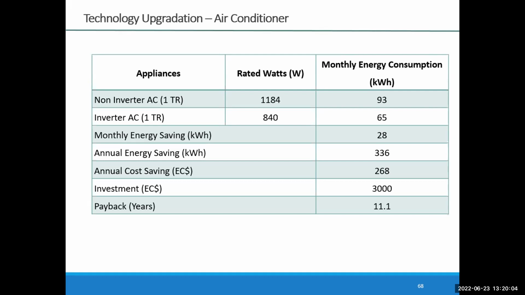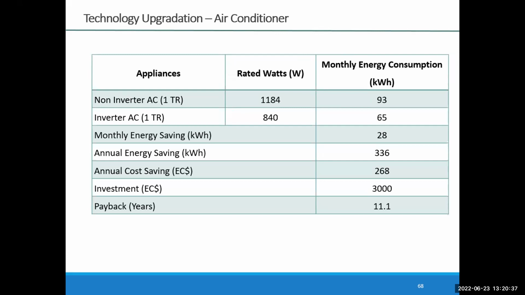So this 11.1 years is a very high payback period. That is, since you are utilizing the conventional or old unit for a minimum period of time, your savings is also less if you replace it with an inverter driven unit, which has a high investment cost.